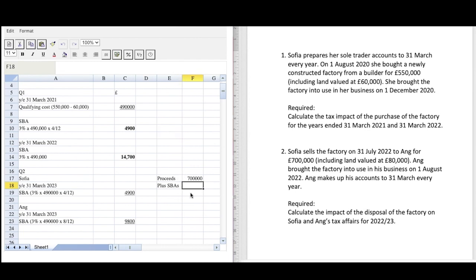So in our case, in our example, we had a 4-month period initially, then we had a full year, and then we had this 4-month period again when she disposed of the property. So that's an amount of 4,900, another amount of 4,900 at the end, and a full year's worth of 14,700 in between.